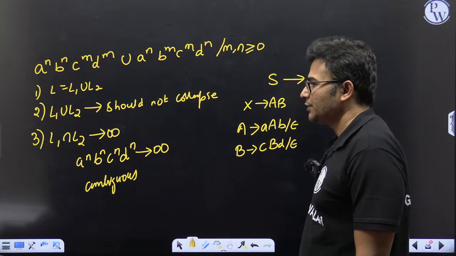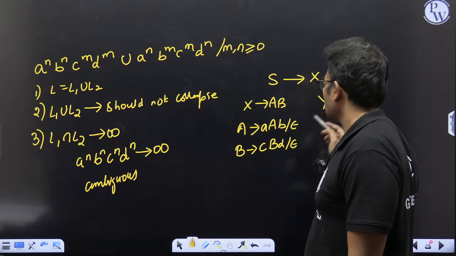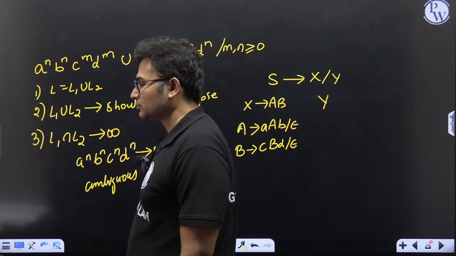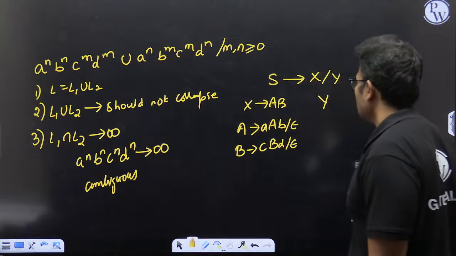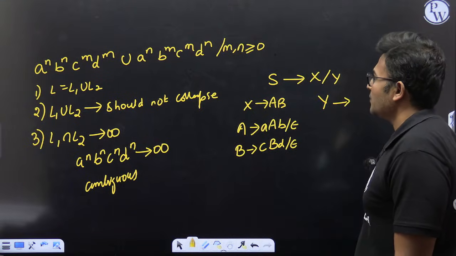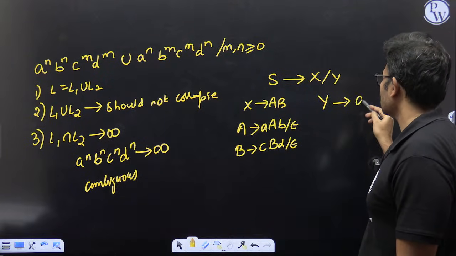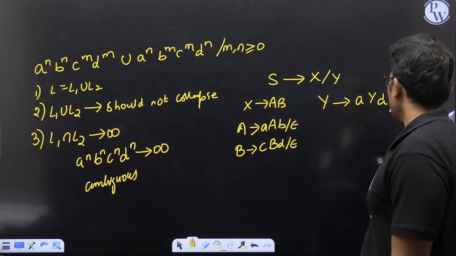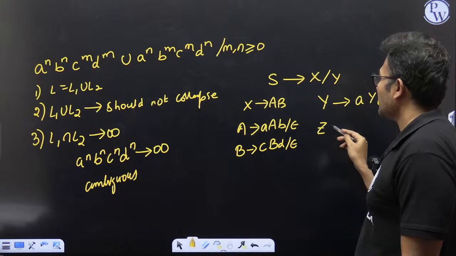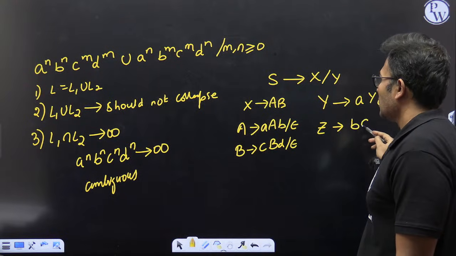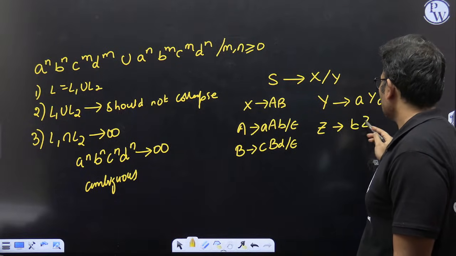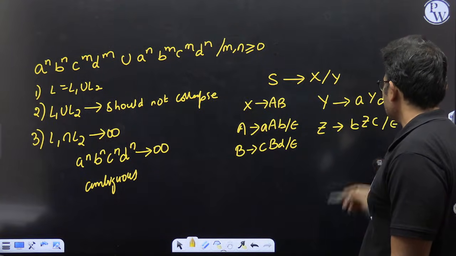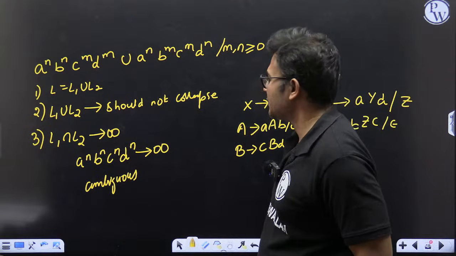And Y can be equal number of A's and D's, or Z, and Z can be equal number of B's and C's.